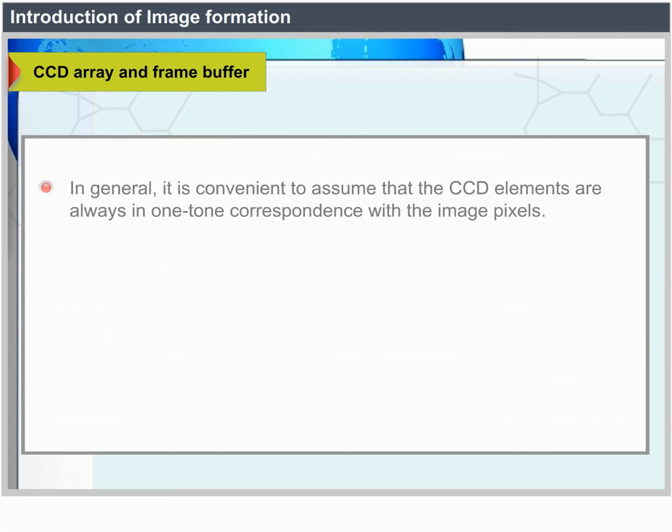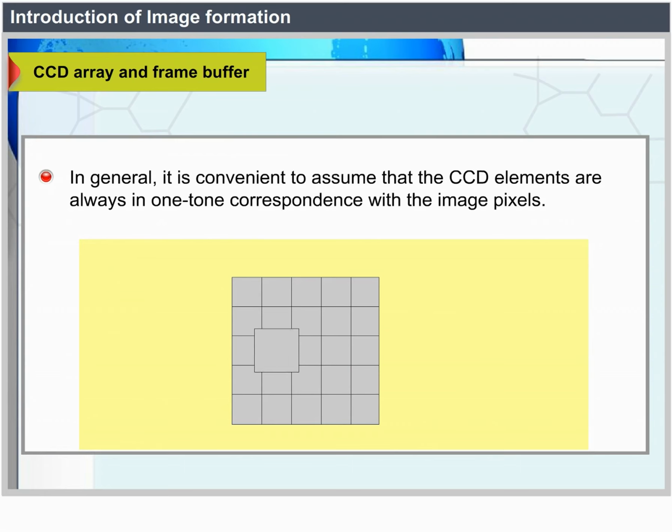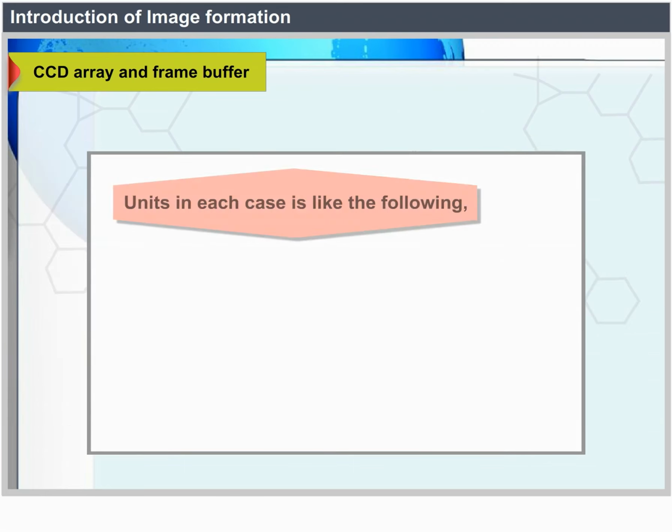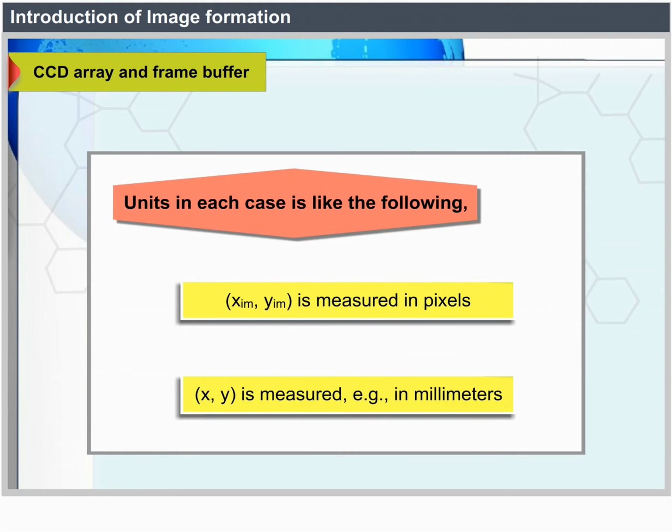In general, it is convenient to assume that the CCD elements are always in one-to-one correspondence with the image pixels. Units in each case: xim, yim is measured in pixels; x, y is measured in millimeters.